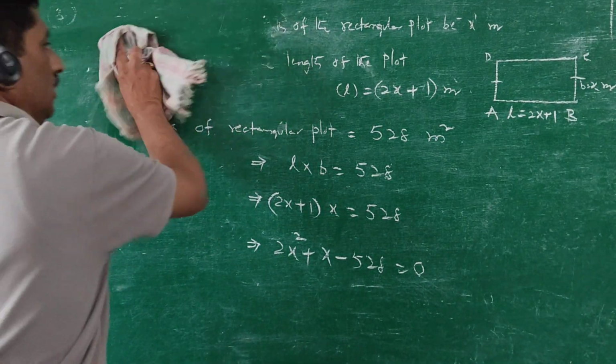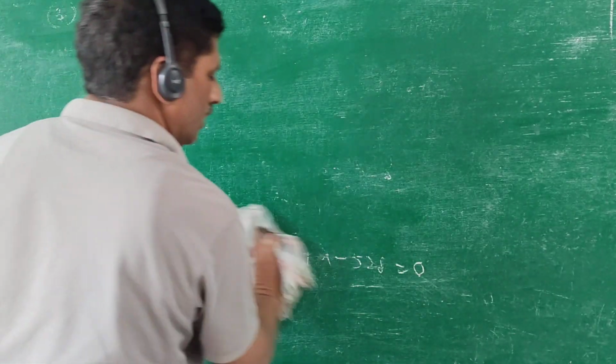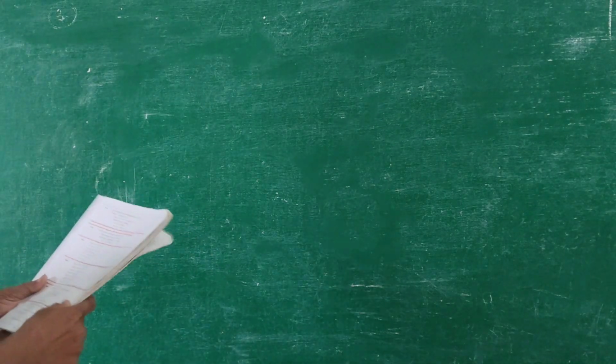Okay, fifth question. The question is, the product of two consecutive integers. Consecutive means successive, the next number.